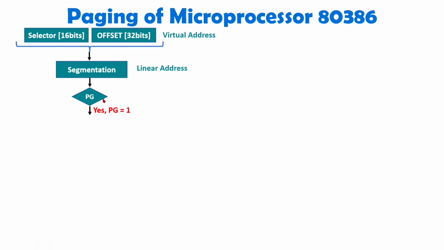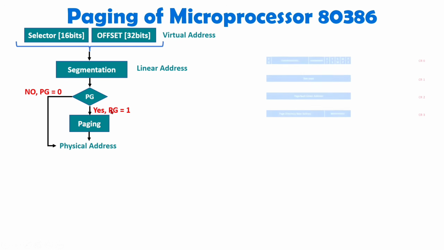Paging is checked by the PG bit inside the control register, and if PG is equal to 1, you can say paging is enabled, and then after paging you will get physical address from linear address. But if the PG bit is 0, in that case you can say paging is disabled. What does it mean? The linear address which is there with 80386 will be considered as physical address, right?